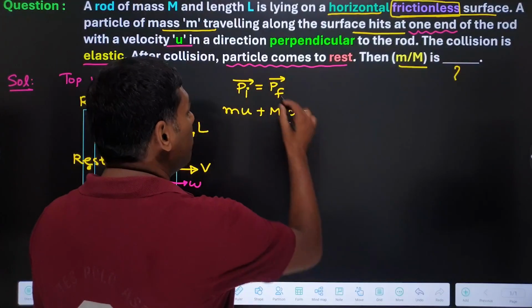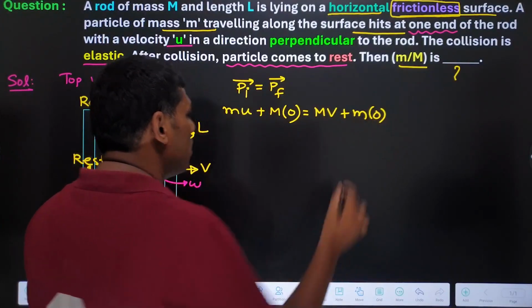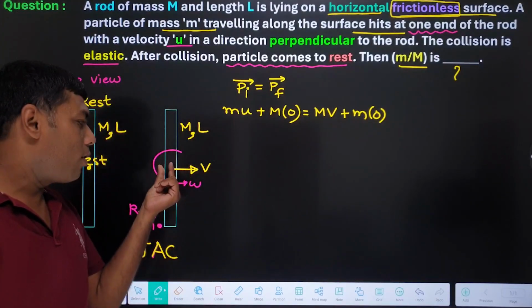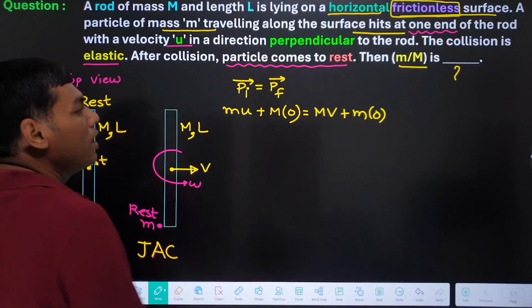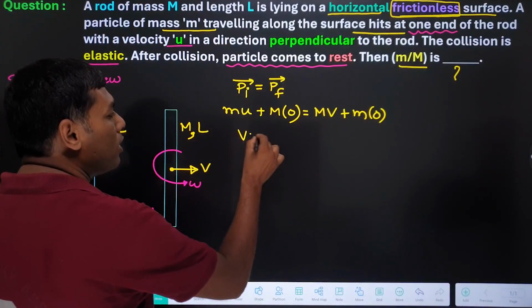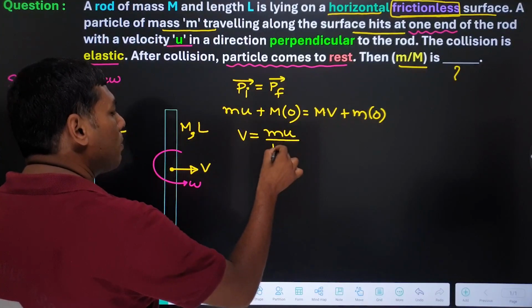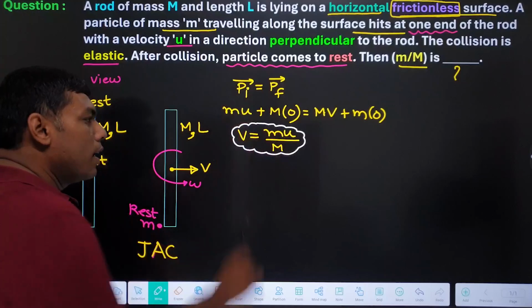The final linear momentum is Mv plus small m into 0, since small m comes to rest and the rod's center of mass gets velocity v in the forward direction. So from here, you get the value of v as mu by capital M. Save it for further calculations.